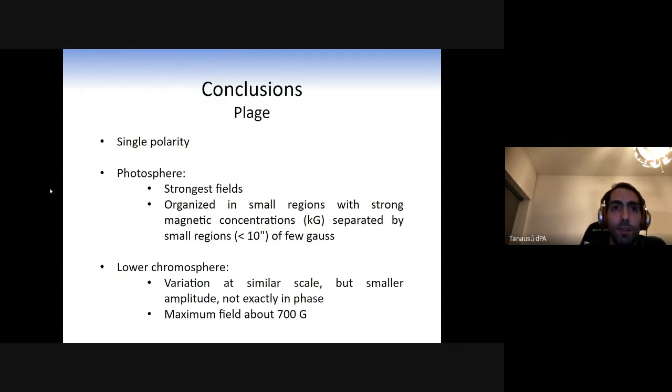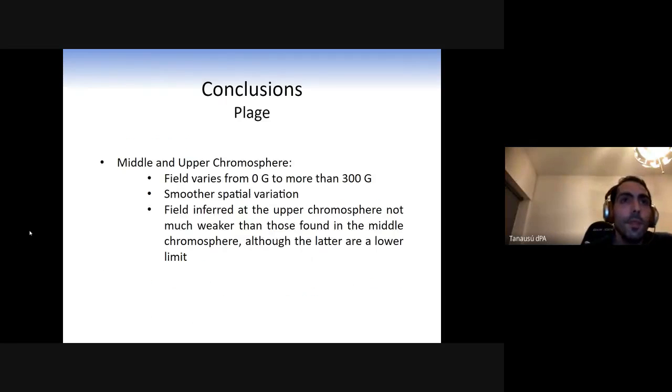Regarding its photosphere, we found there the strongest fields, and they were organized in small regions with some magnetic concentrations of the order of kilogauss, separated by a small region of few gauss, and these regions were about 10 arcseconds. In the lower chromosphere, we found variations at a similar scale, with smaller amplitudes, and we found magnetic fields of around 700 gauss.